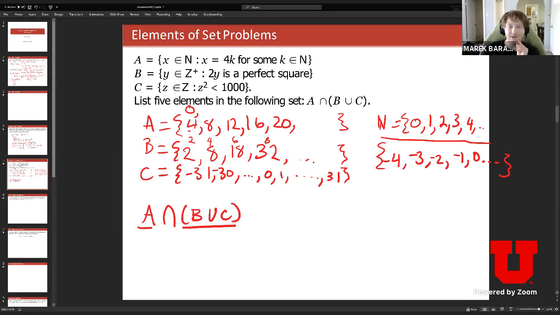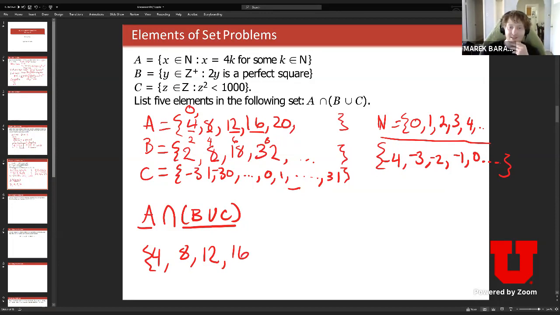So 4 is in C, so we can say 4 is in there. 8 is in B, so that's in there. 12 is in C, so we can write that one. 16 is in C as well.